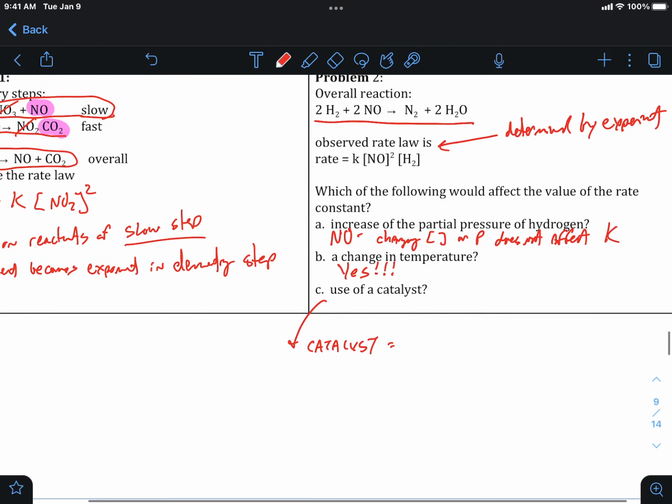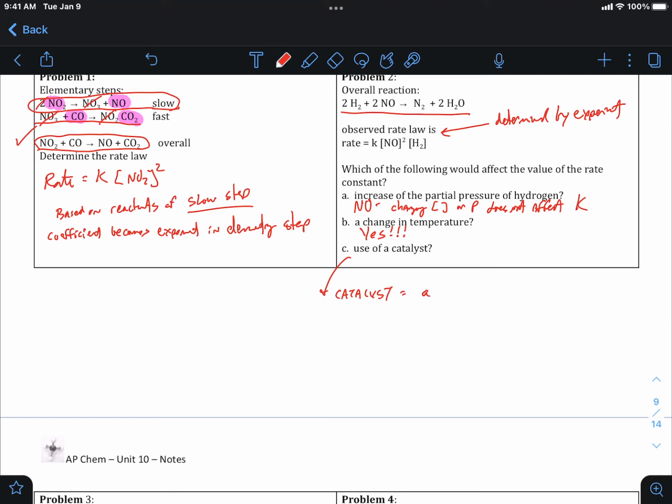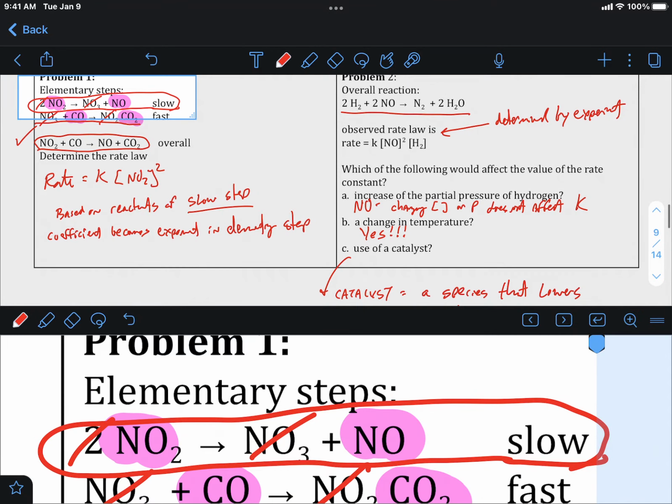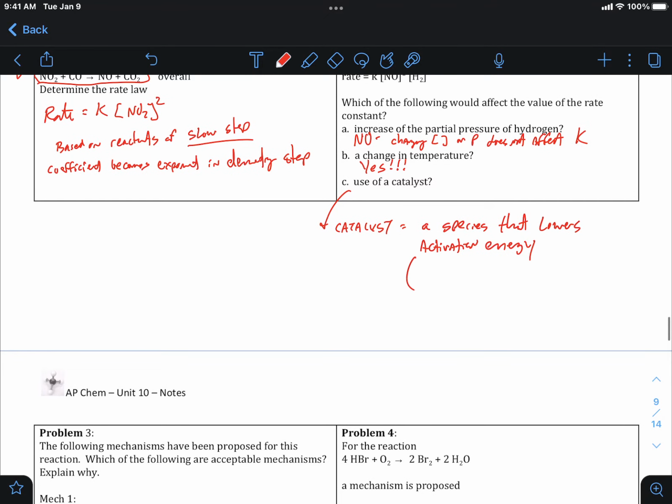So a catalyst is a species that lowers the activation energy, and the way it does that, it provides an alternate mechanism.